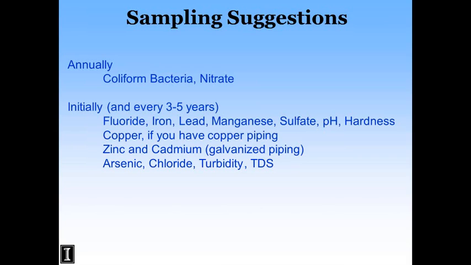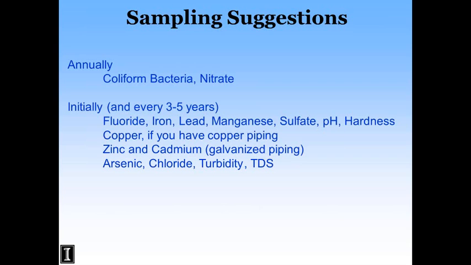You should test annually for coliform bacteria and nitrate, and initially, if you haven't had a water sample tested of your well, which is a lot of people, you should test for all the constituents listed here, mainly to give you a better feel for the water quality you have and whether you might have issues, need a softener or some of those sorts of things, and what issues you might have. pH is important because of corrosive properties of water. If you have lead pipes or copper pipes that have lead solder, corrosive water can cause those things to leach out and create a problem for your drinking water quality.